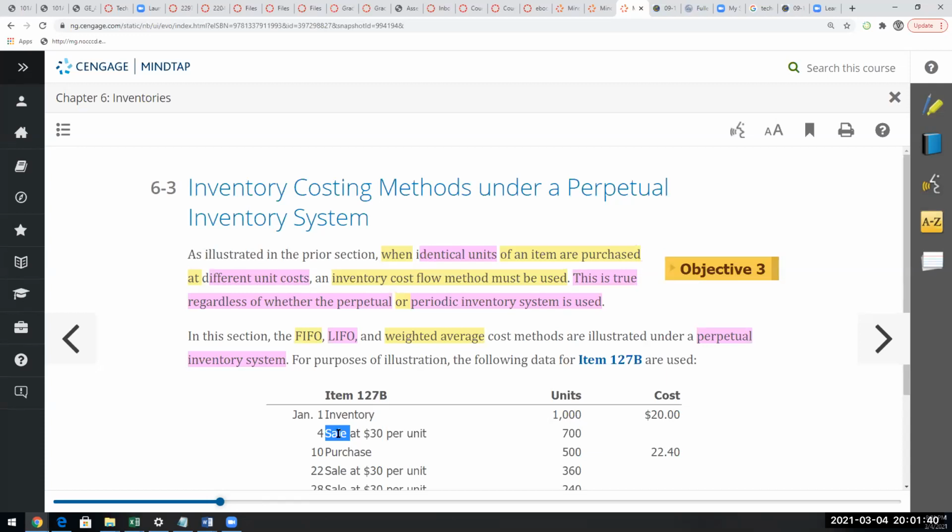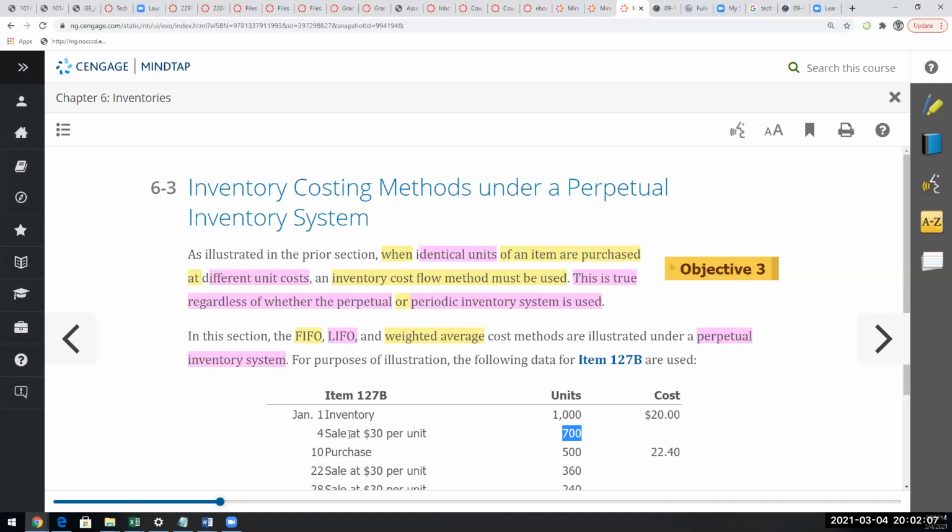And so when we make that sale, I need you to get a calculator out if you have trust issues, because I'm going to have you multiply 30 times 700. Now I can multiply 3 times 7 in my head. It's 21. So for the value of the sale, we're going to have to capture how much money the customers gave us. Well, they didn't give us money. We bought it on account. It's going to be 21 grand, $21,000.